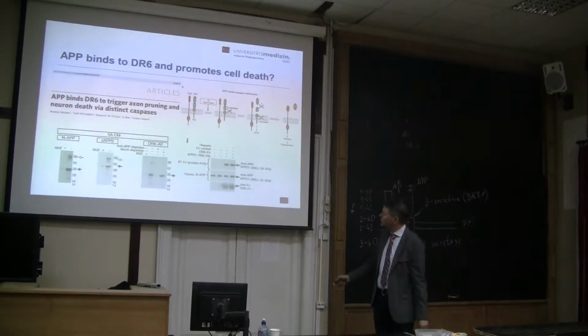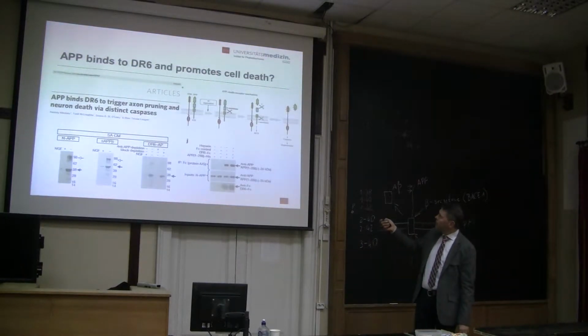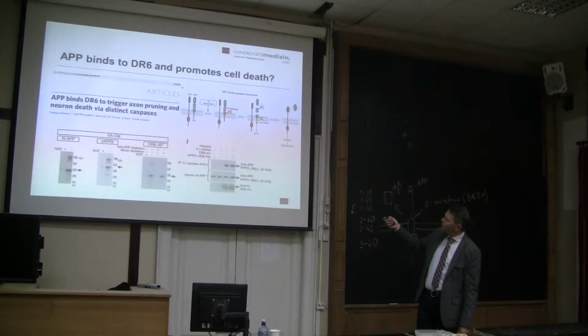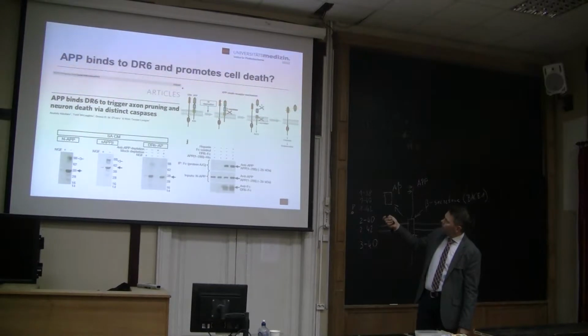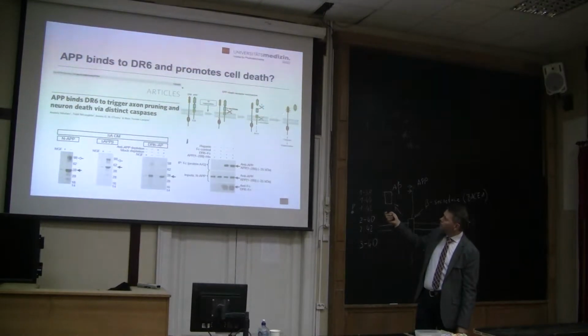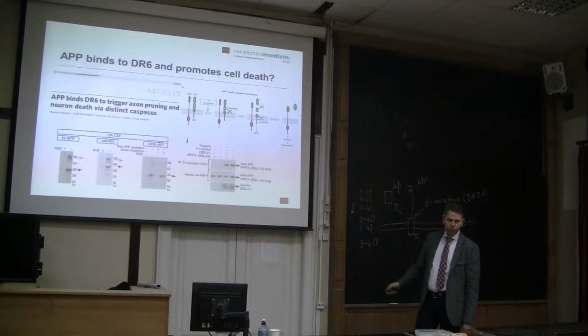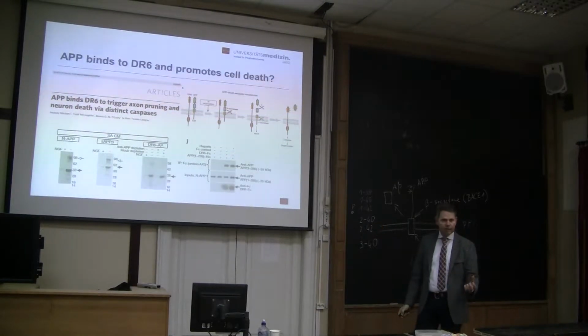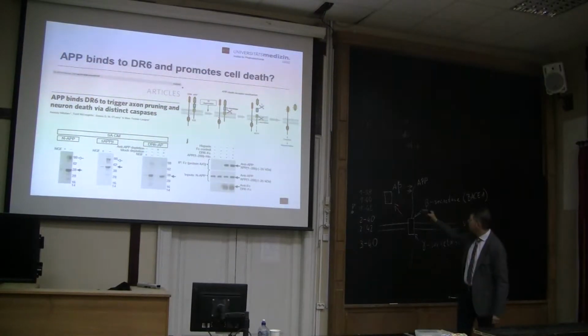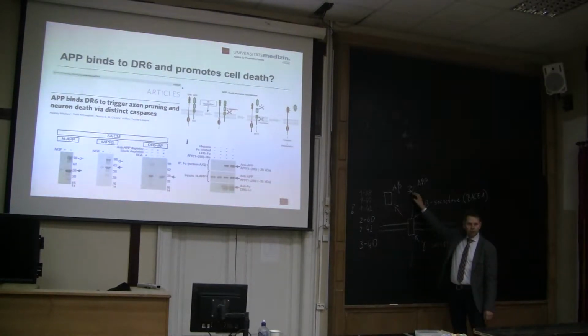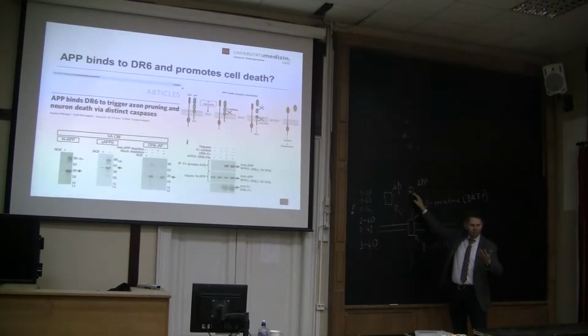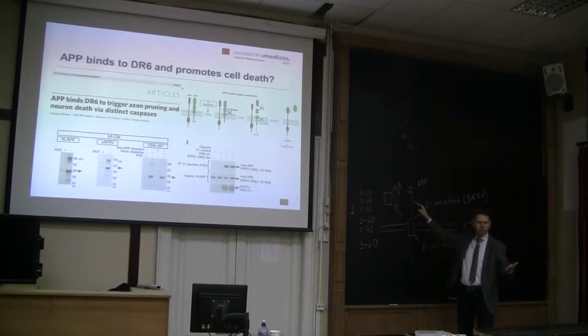What they said is that APP is cleaved in the way, if this is APP here, that the N-terminal part of APP up here is released from APP and then binds to a death receptor. And through this death receptor, you have cell death in neurons, and then you have Alzheimer's disease. And then we thought, hey, cool. Now we have the enzyme that cleaves up here, and therefore, when more of this peptide is generated, you should get cell death.